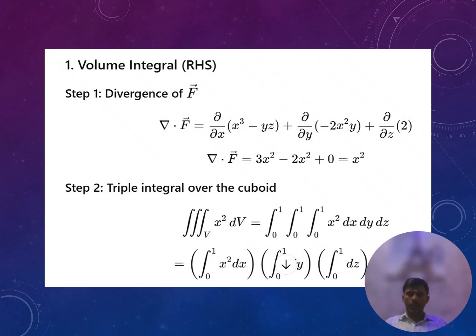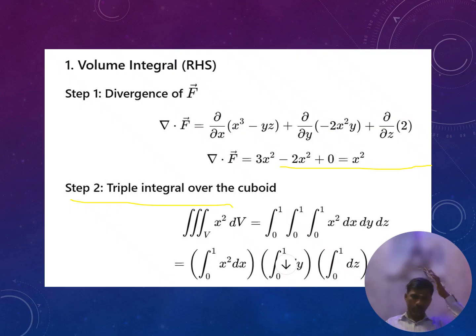Plus dou by dou z of 2, which is independent of z, is equal to 0. Hence 3x square minus 2x square plus 0 is equal to x square. So this is del dot F. Again we go to step number two.